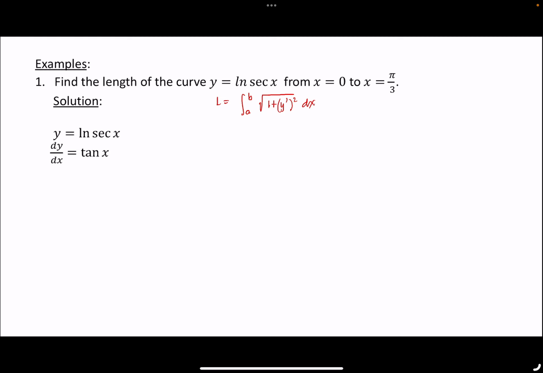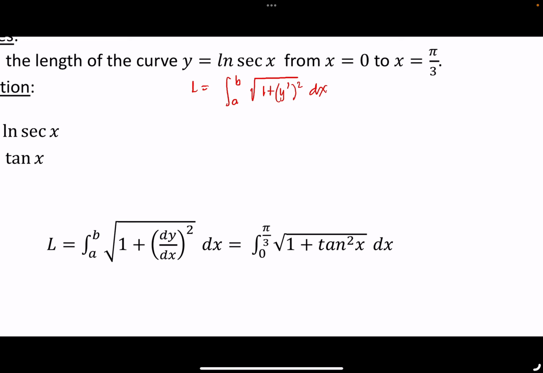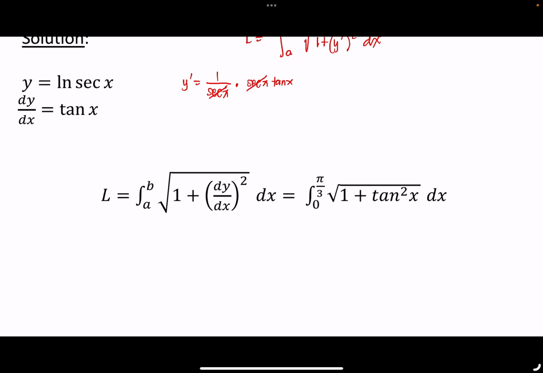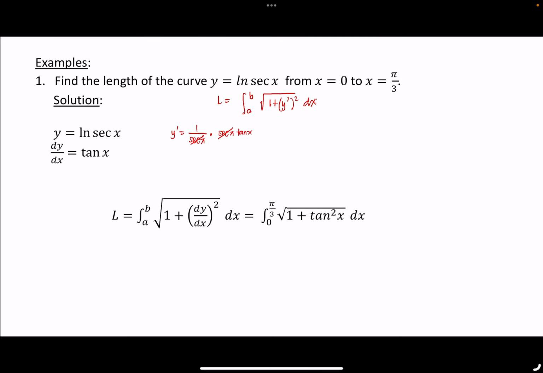Thus the derivative of ln secant x is nothing but tangent x. So again, your y prime is equal to 1 over secant x, multiplied by secant x tangent x, which is tangent x.